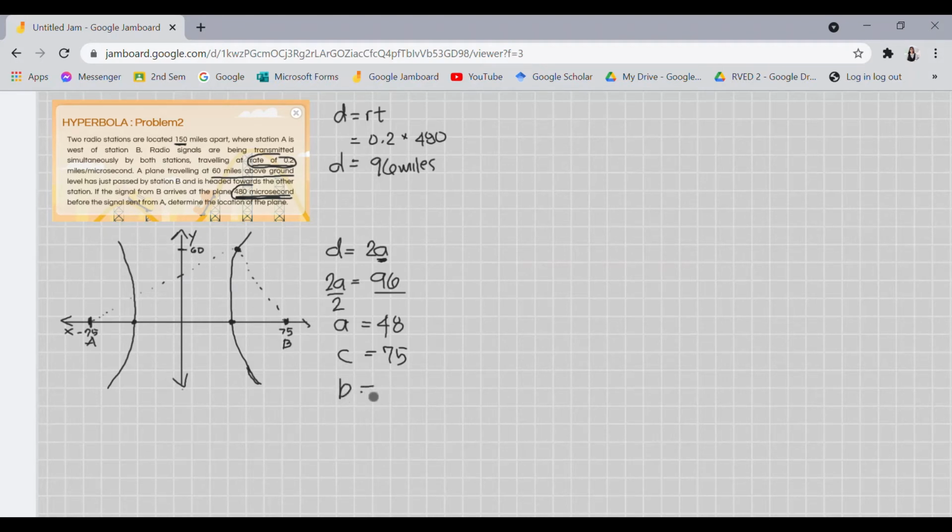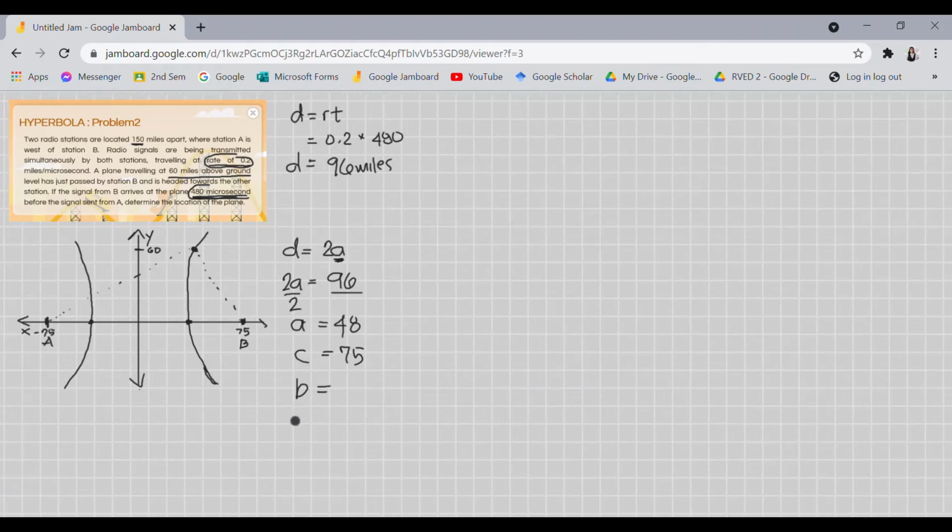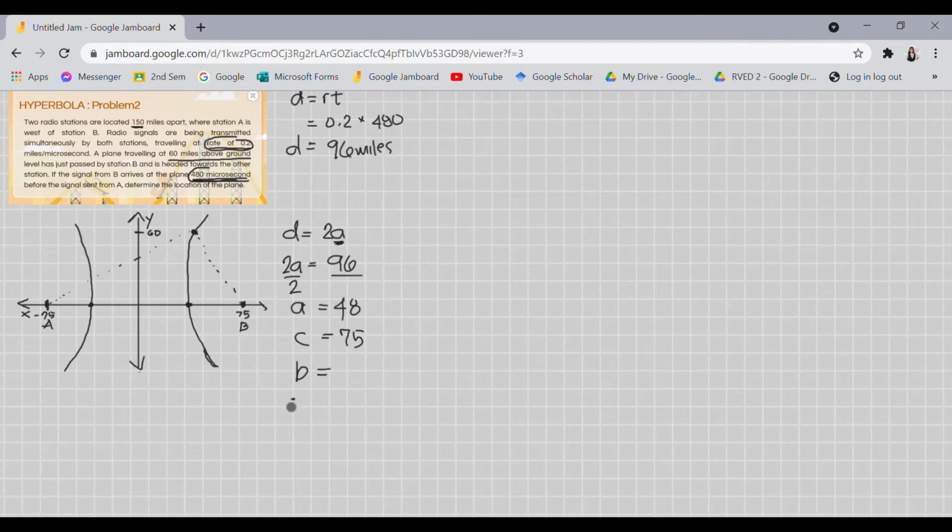To solve for B, we can apply the standard formula for hyperbola. That is, C squared is equal to A squared plus B squared. So to get our B, we will use this formula. Substitute the values we have.